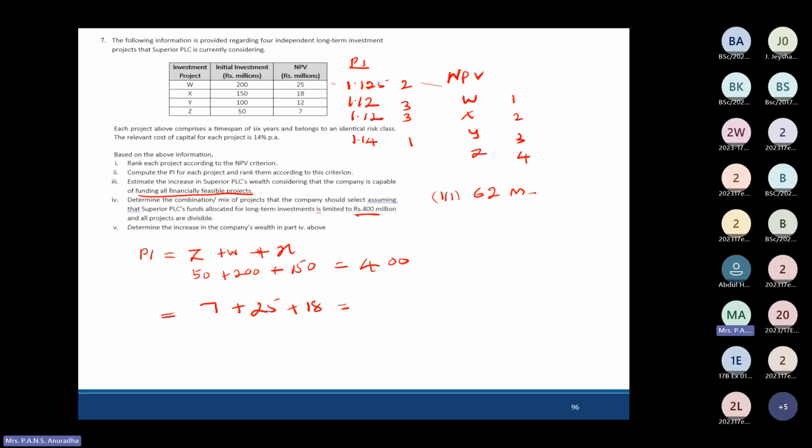So the total increase of the wealth is 7 plus 25 plus 18, 50 million. Likewise, you should be able to do calculations when there is a fund constraint.